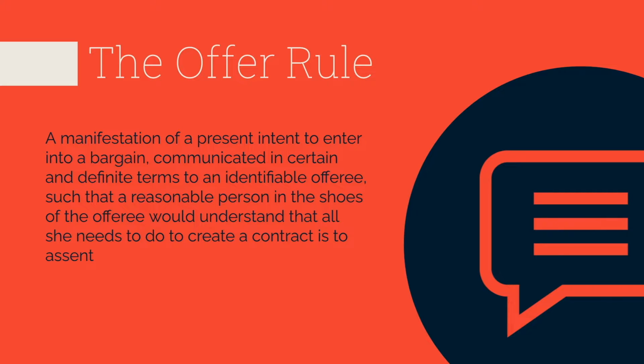And then, hearkening back to what we said about the objective theory of contracts in the previous lesson, that manifestation must be so made that a reasonable person in the shoes of the offeree would understand that all she needs to do is to assent, and then there'll be a contract between the parties.